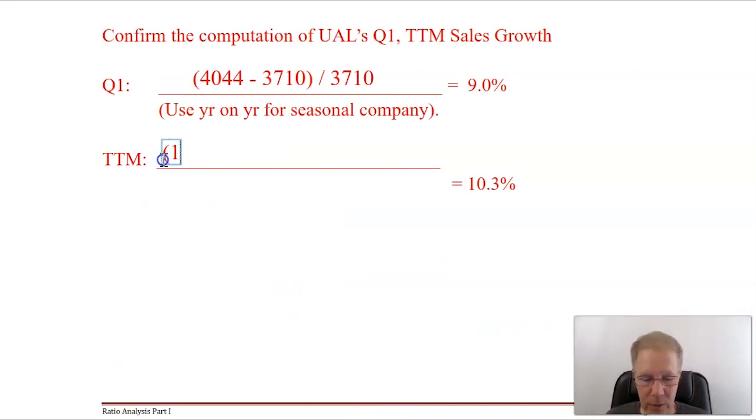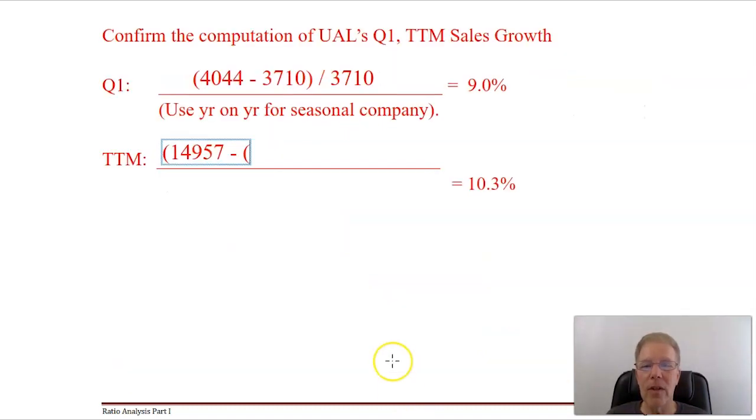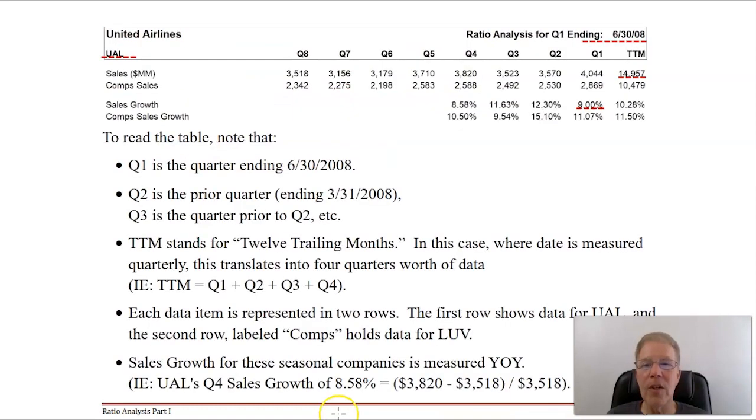Now minus, and now I'm sort of in trouble because I don't have anything for the prior year. So I'm going to have to add all these up, right? 3518 plus 3156, and I'm going to have to add 2 more quarters to get that whole year: 3179, 3710.